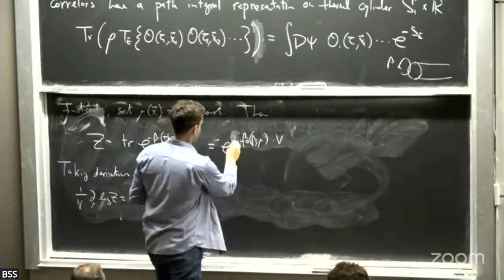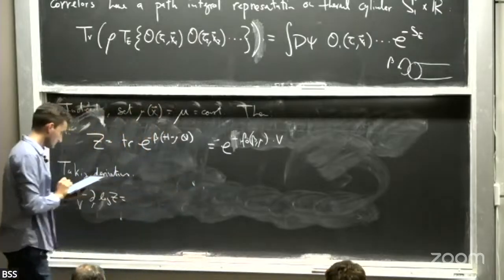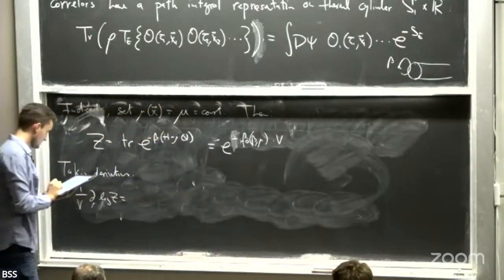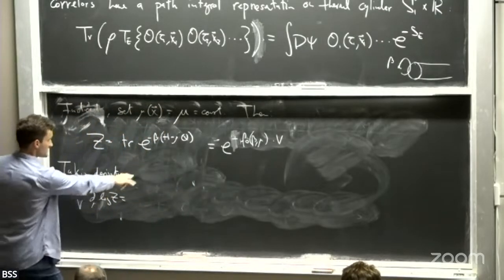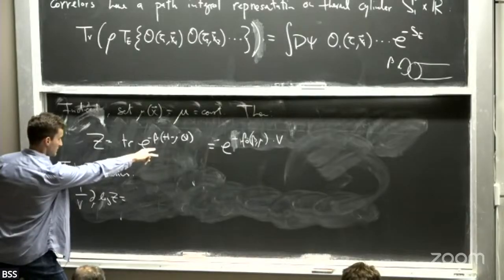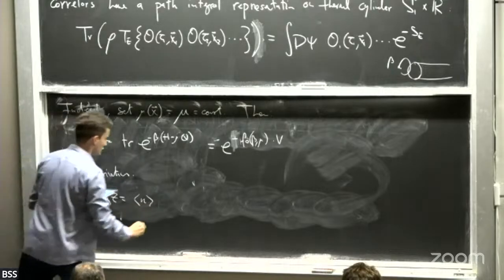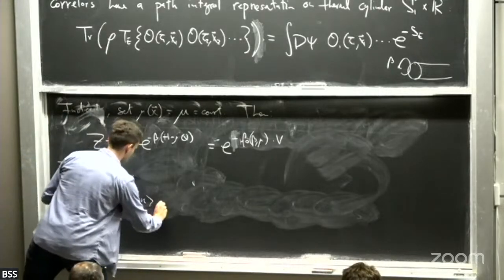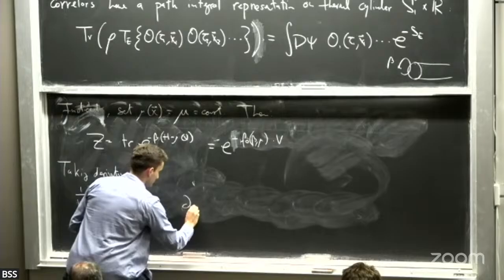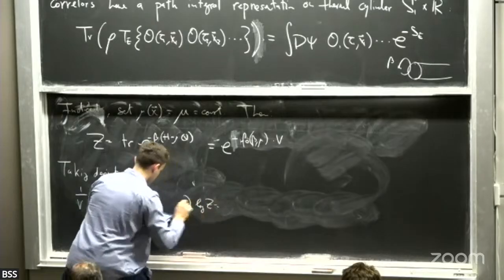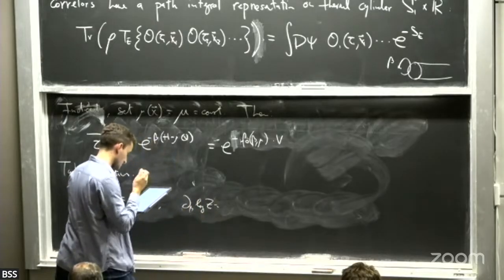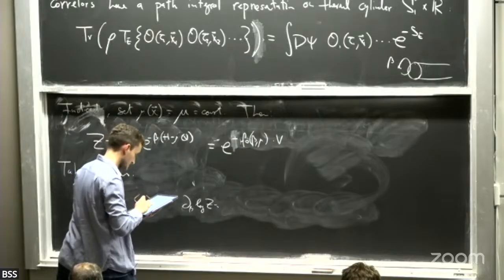Yes, thanks. So taking derivatives of this object with respect to, let's say, chemical potential first will give you charge density. Taking derivative with respect to beta will give you some combination of energy density and charge density.